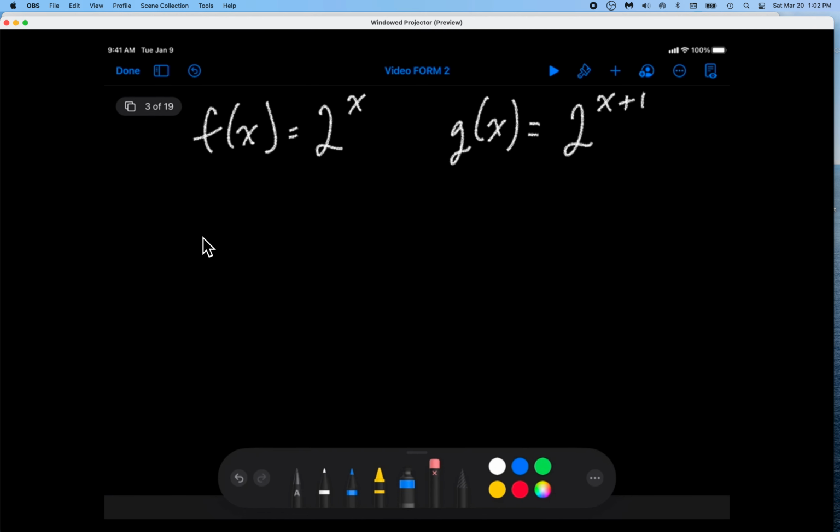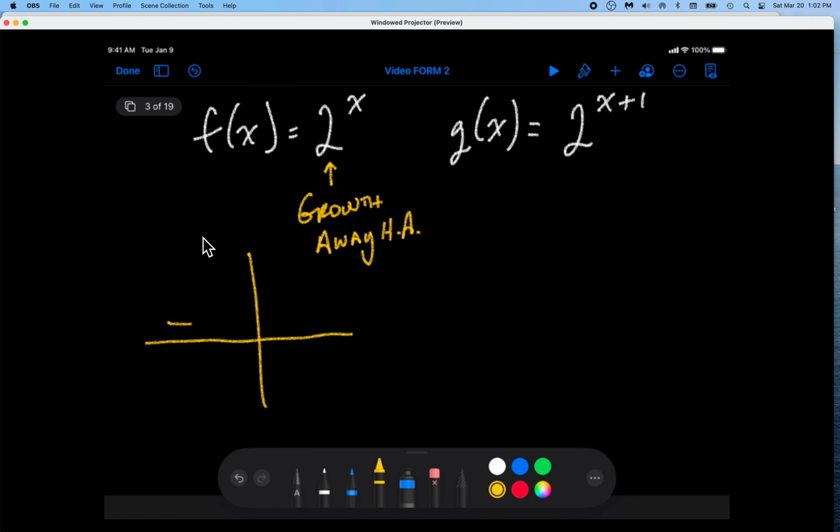Okay, let's talk about how to graph these and what the intuition is with respect to f of x. Because the base is positive, and because it is a whole number, not a fraction, I know this is going to be a growth problem. Growth problems move away from the horizontal asymptote. So we're going to get something like this for this graph.